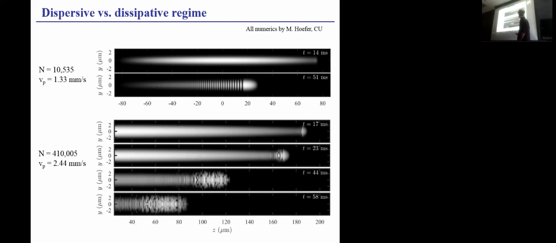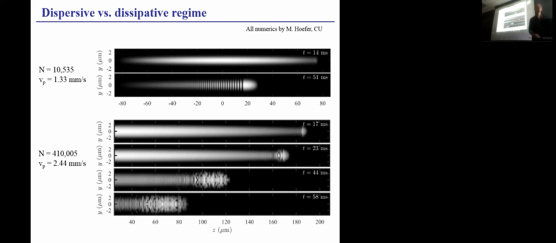So that's not the difference. But what you can see is that initially you form these DSWs, but then you undergo all kinds of instabilities, snaking instabilities, where these solitonic features decay into vortices. So in this bulge over here, the bulge with the plateau region, you actually have a lot of vortex dynamics going on.